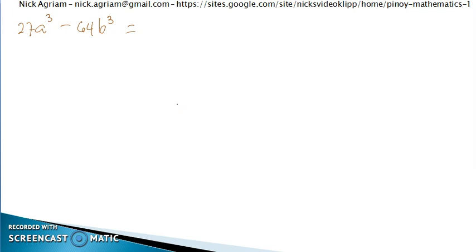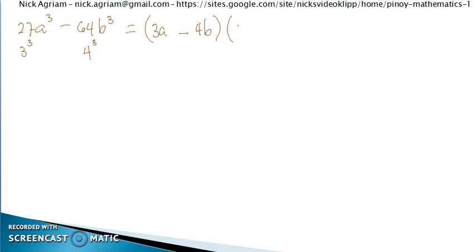Then you will see that 27 is 3 raised to 3, 64 is 4 raised to 3. Then we have the cube roots, we have 3a minus 4b.